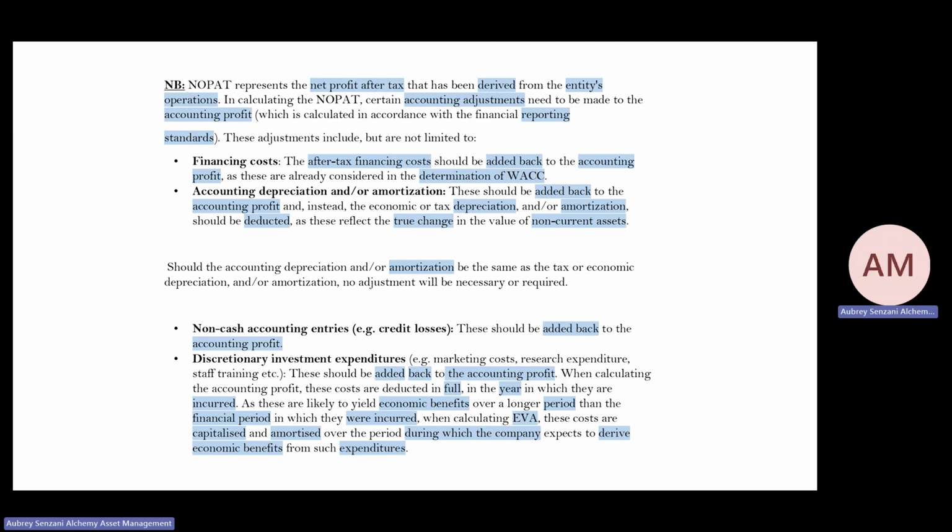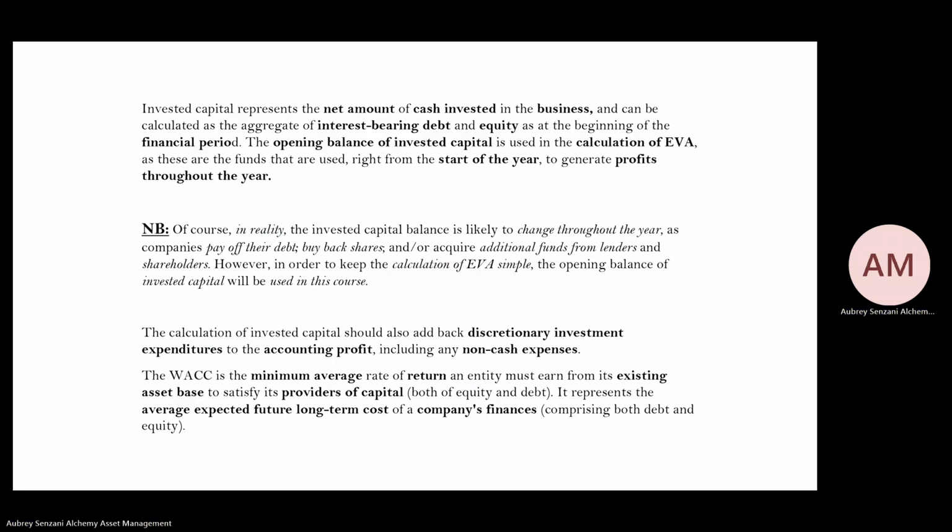As these are likely to yield economic benefit over a longer period than the financial period in which they were incurred, when calculating EVA, these costs are capitalized and amortized over the period during which the company expects to derive economic benefit from such expenditure.